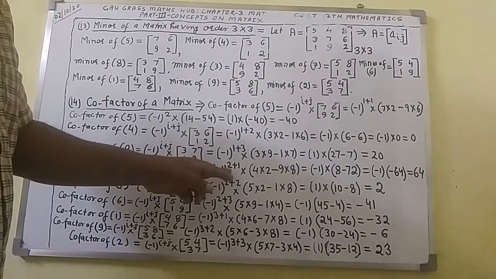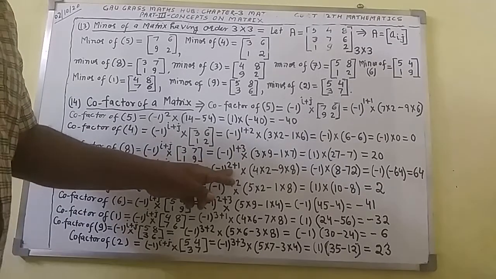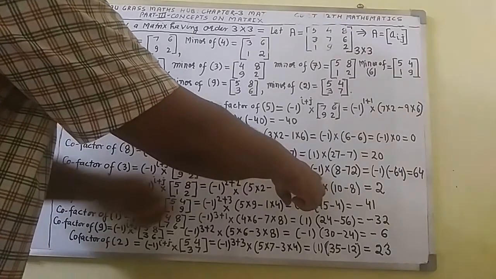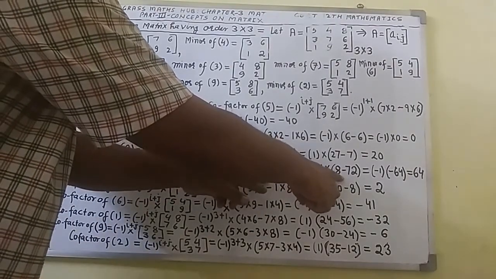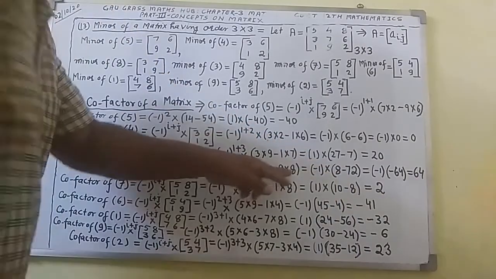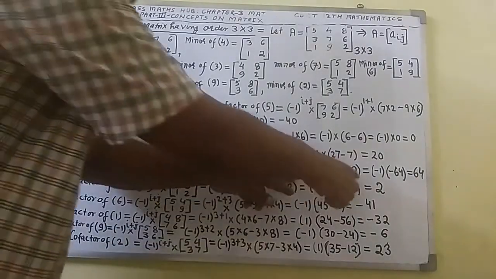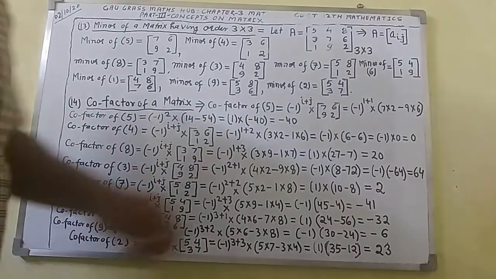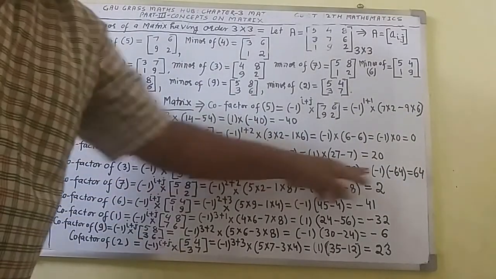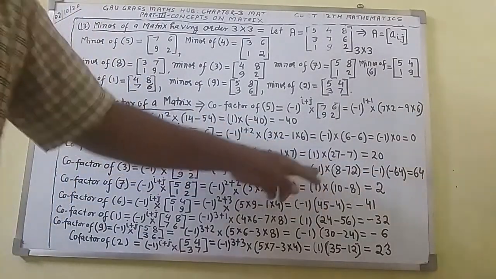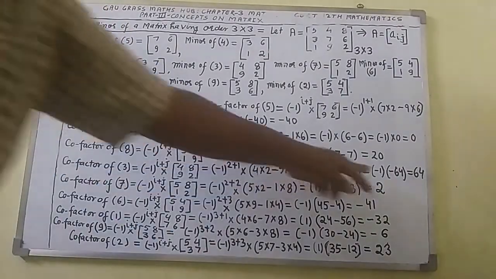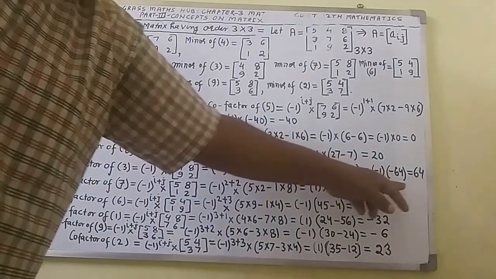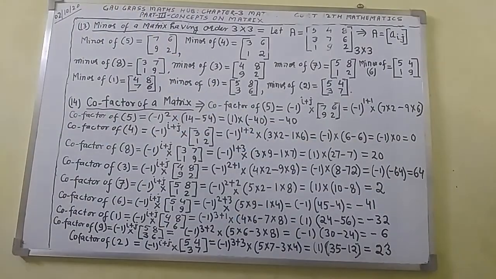Here minus 1 raised to power 3 comes out to be minus 1. And 4 into 2 gives 8, minus 9 into 8 gives 72. 8 minus 72 comes out to minus 64. Minus 1 multiplied by minus 64 comes out to 64 here.